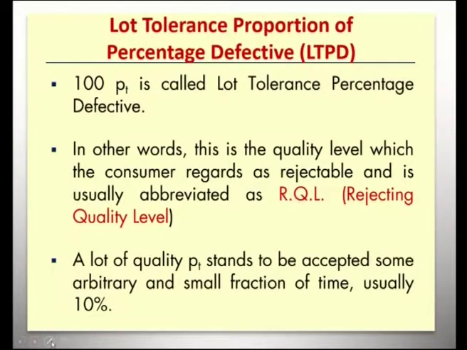In other words, this is the quality level which the consumer regards as rejectable and is usually abbreviated as RQL, rejecting quality level. We talked about the acceptable quality level, that is P1, and this is the rejecting quality level RQL. A lot of quality PT stands to be accepted some fraction of the time, usually 10%.